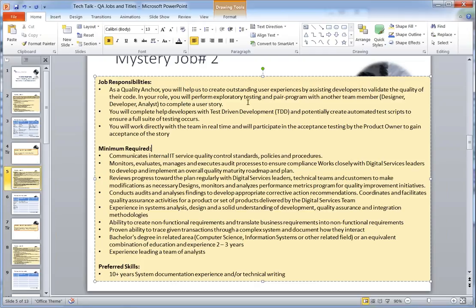What else? Is acceptance testing different than the creation of the automated test script? Acceptance testing is a result of your automated test scripts. An automated test script isn't necessary for acceptance only, but it can be for acceptance. You brought up a good point.